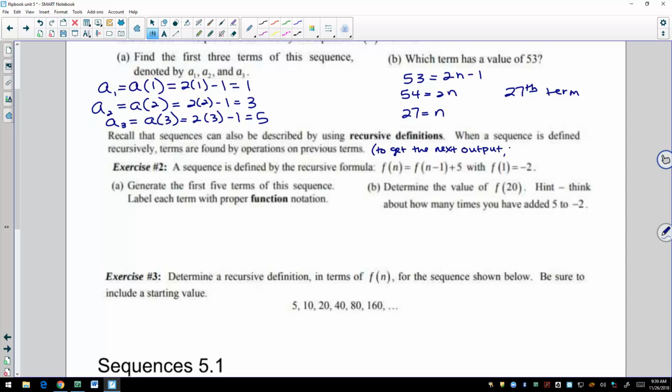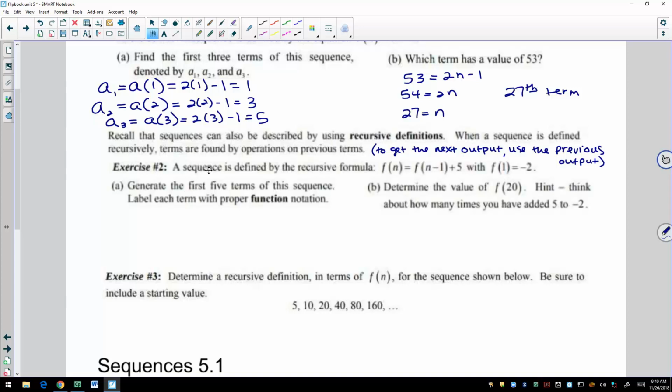To get the next output, you have to use the previous output. It's kind of like when we did compositions, how you had to find the output when you inputted a certain number into the first function, and then you took that output and inputted it into the second function. It's kind of the same thing, except you could keep going. It's not just going to be 2 or 3 functions.